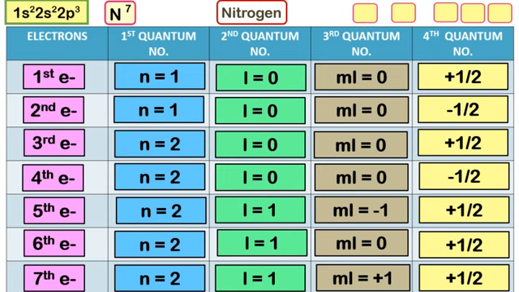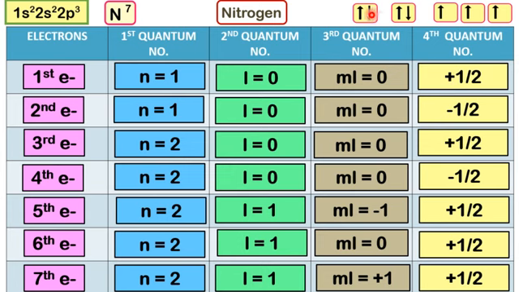So you have to draw the arrows: arrow up, arrow down, arrow up, arrow down, arrow up, arrow up, arrow up. Following Hund's rule, you have to fill in all the orbitals first. So that is the reason why it becomes 3 arrows up. If it is up, the equivalent value is positive. If it is down, it is negative.